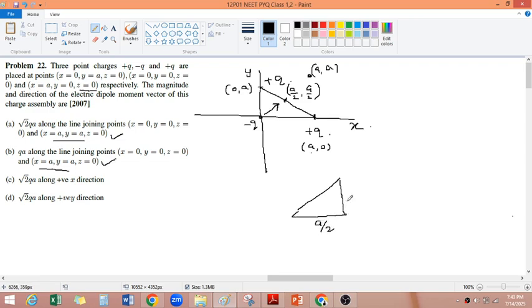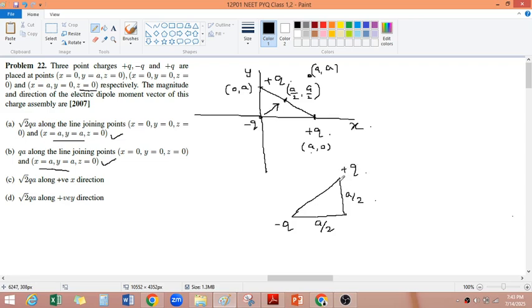This is a by 2, this is a by 2. So basically I need to find this distance from here to here, because this is my origin, the minus q here, and plus q is here.